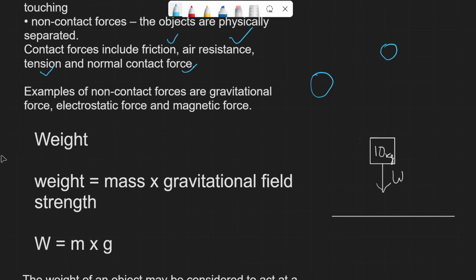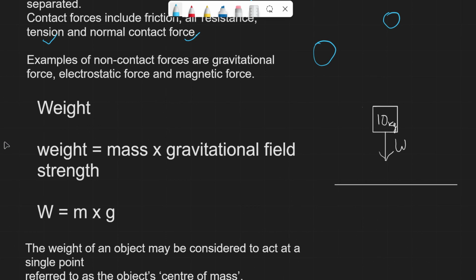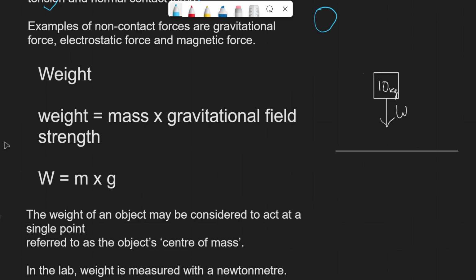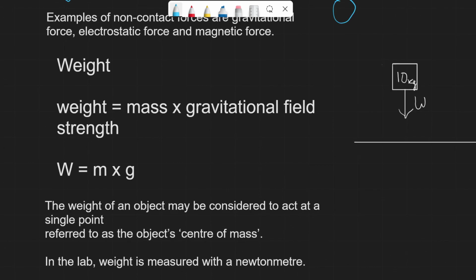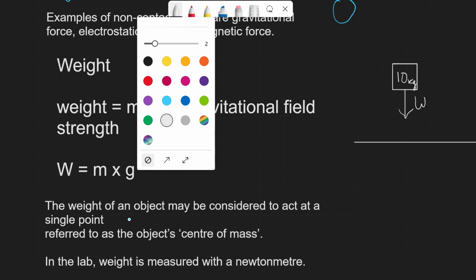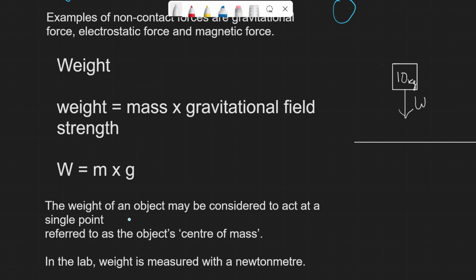Now this is the force due to gravity, and the formula for it is that weight is equal to mass times gravitational field strength. Symbolically, we would write this as W is equal to m times g. Now W here is simply the weight, which is measured in newtons.